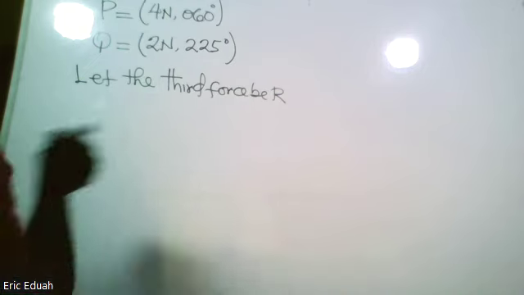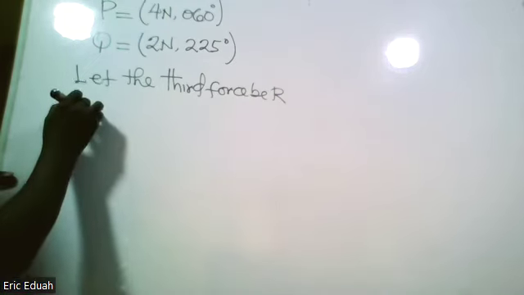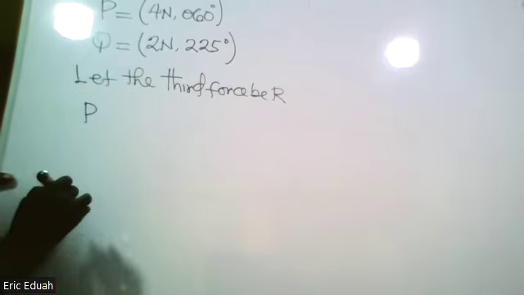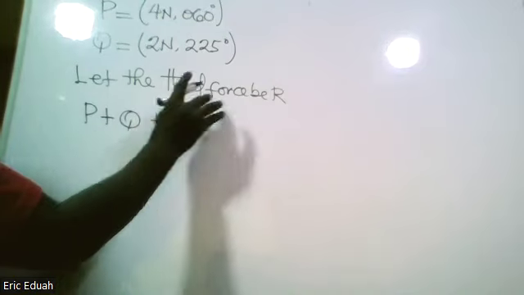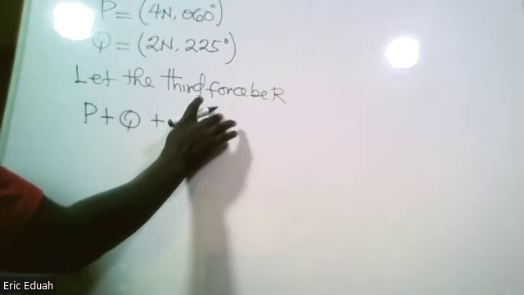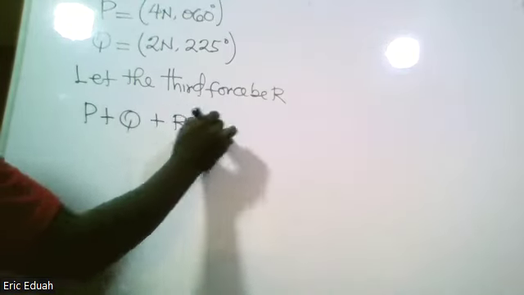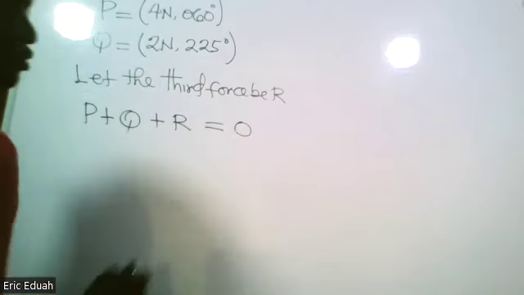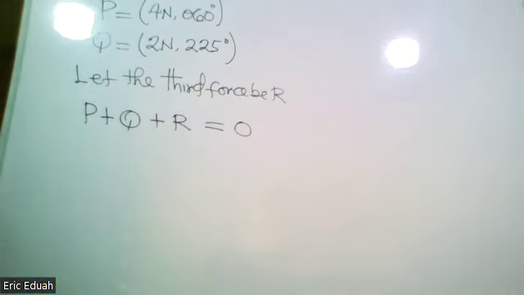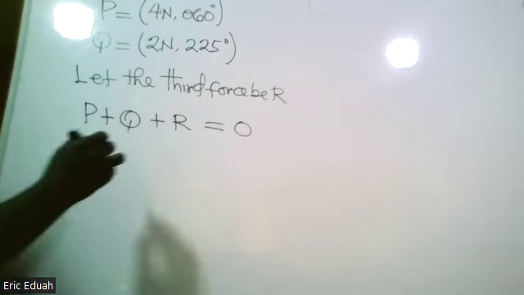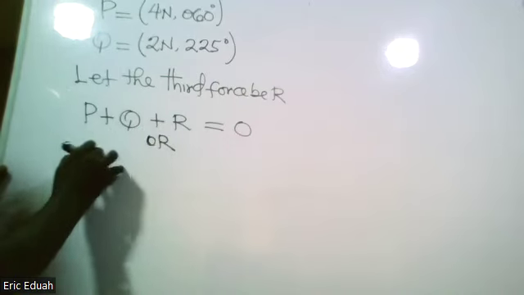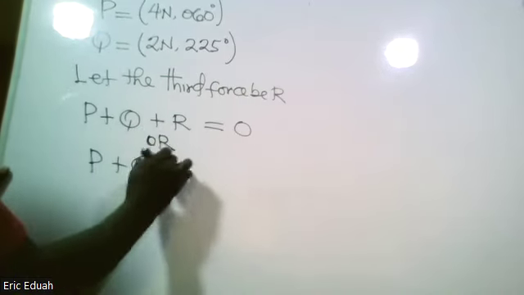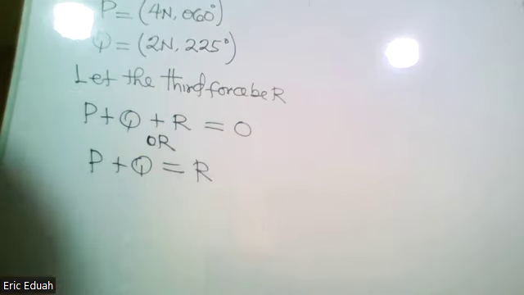So when I add all the forces, P plus Q plus the equilibrant R, the net must be 0. Or P plus Q must be equal to R.